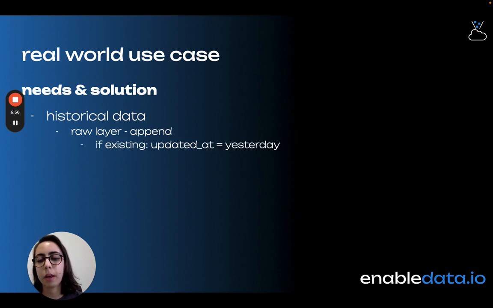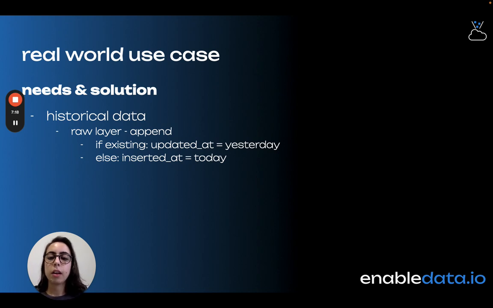It was only append, and if we had the updated field, we would filter for that field, getting data that was only updated or inserted yesterday. If not, we uploaded the whole table every day and created an inserted_at field with today's date, so the person knows when that data was inserted in the data platform.